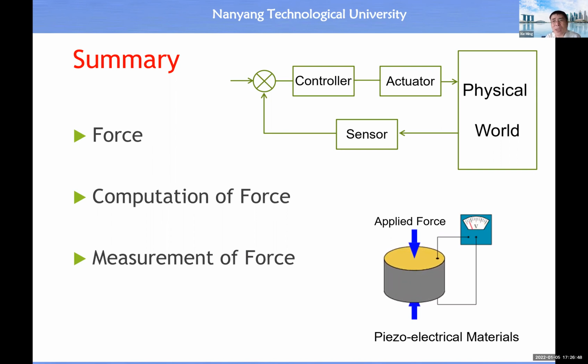So the key takeaway from this lecture is for you to understand the physics behind the physical quantity of force. And the second key takeaway is the different ways for you to do indirect measurement by computation.